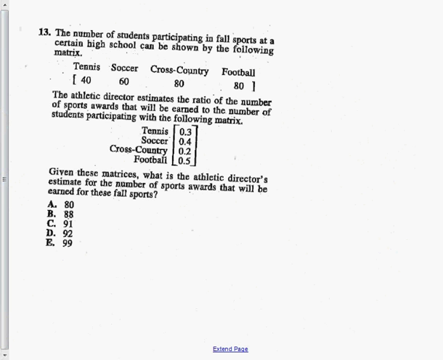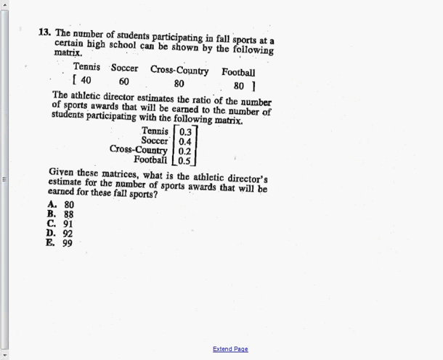Okay. Now, let me show you what's happening so you can see what I see. That second matrix with the 0.3, the 0.4, the 0.2, and the 0.5, these are numbers that the AD is estimating, percentage-wise, of who from each sport would get a certain number of awards.